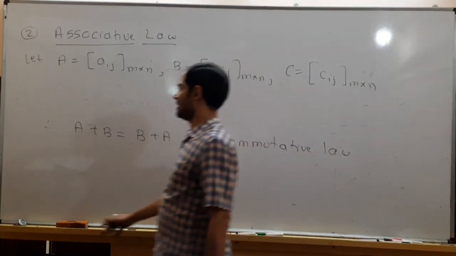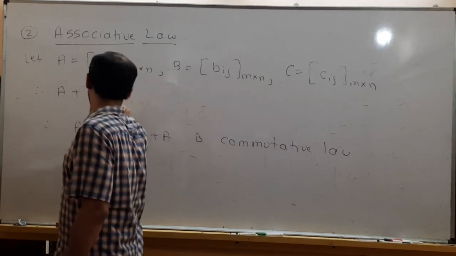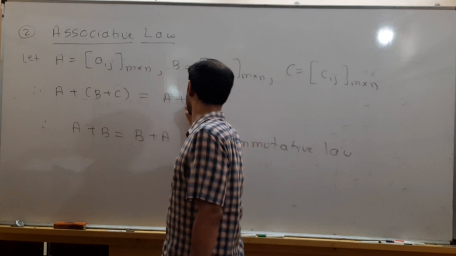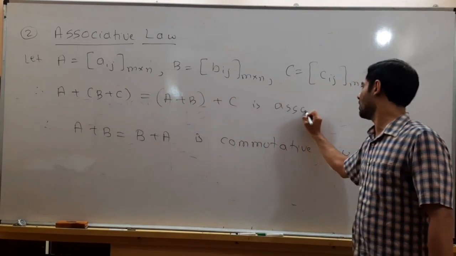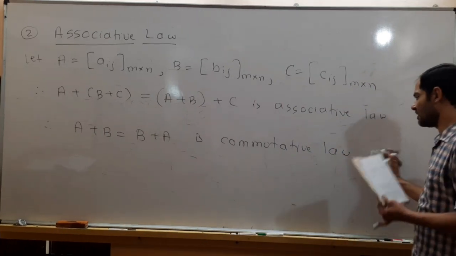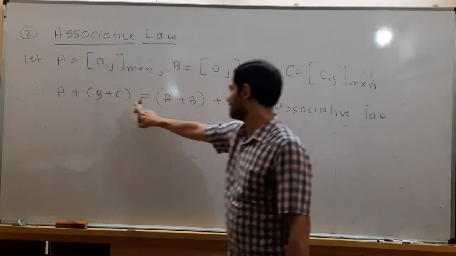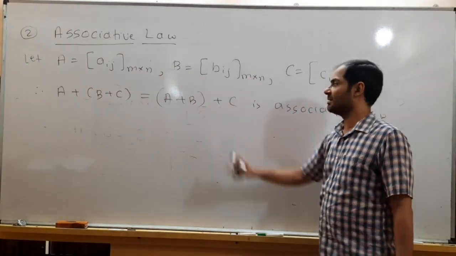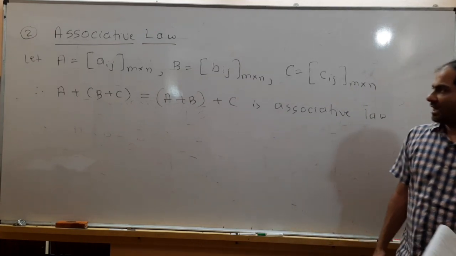Then the associative law is (A plus B) plus C is equal to A plus (B plus C). So what is the associative law? For addition of matrices, (A plus B) plus C is equal to A plus (B plus C). So that is the commutative law and that is the associative law.